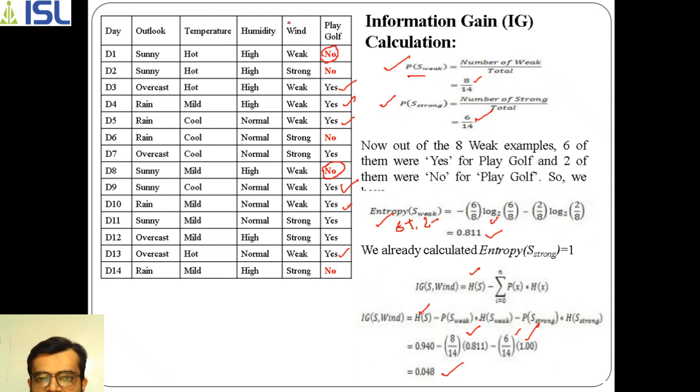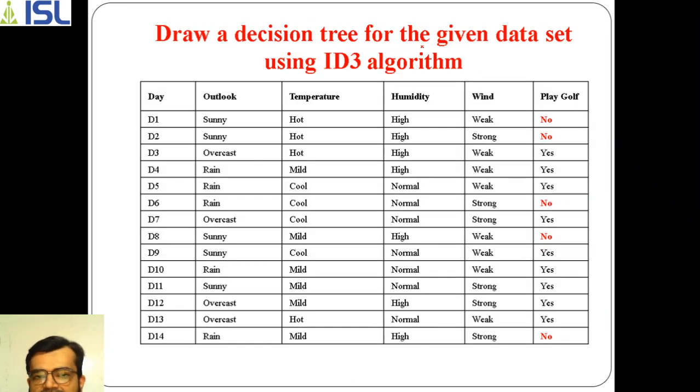Similarly, we need to calculate the information gain for all of these attributes. Here we just took one example to understand how information gain is calculated. Now we are coming back to the same example. This is how the question will come in your examination: the data set will be given, and you need to understand the attributes first.